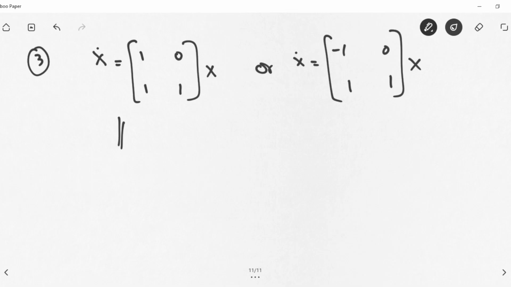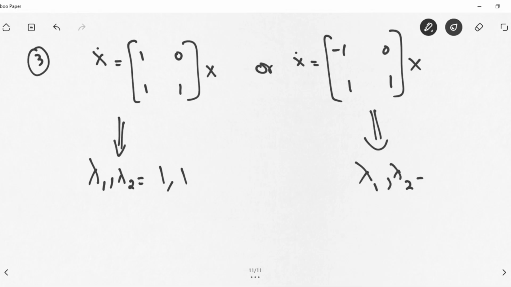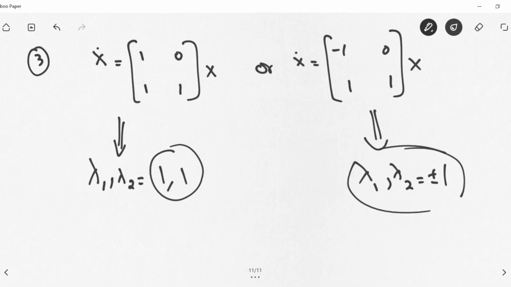And for eigenvalues, substituting lambda I minus A equal to 0, we'll get the eigenvalues 1, 1, and we'll get the eigenvalues from (lambda plus 1)(lambda minus 1), so we have plus minus 1. So in either of the two cases, the system is unstable. You have both roots on the right of the S-plane, you have one root on the right of the S-plane.